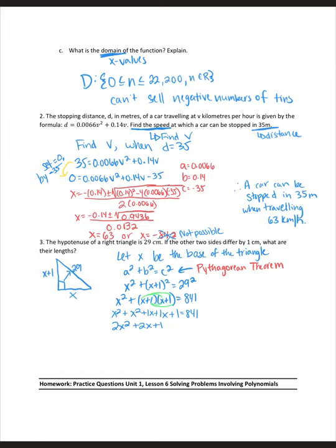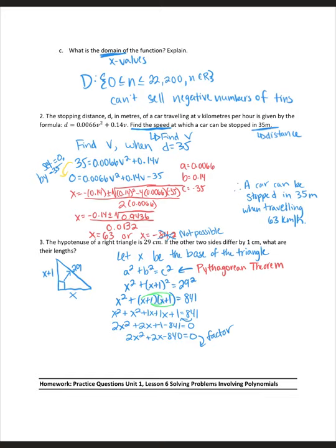And I'm going to bring over that 841 as well, so I can get my equation set equal to 0. So I'm going to subtract 841, which will equal 0. So 2x squared plus 2x minus 840 equals 0. So we need to work to get this into factored form now so that we can find what those x values equal, to find the solution.